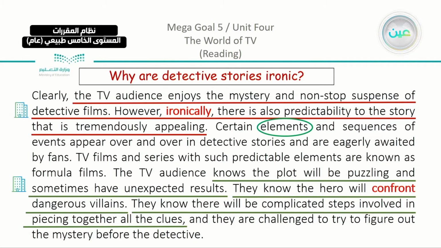We can see, for example, plot will be puzzling. We have here, for example, also the unexpected results. Sometimes you guess something is happening, but it doesn't happen. Also, they know the hero will confront the villain. And we have here, there will be complicated steps involved piecing the clues together. We're going to see more.